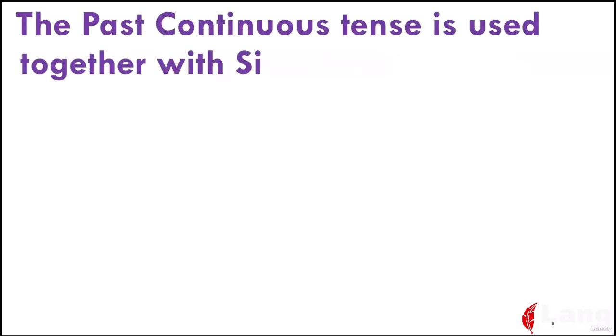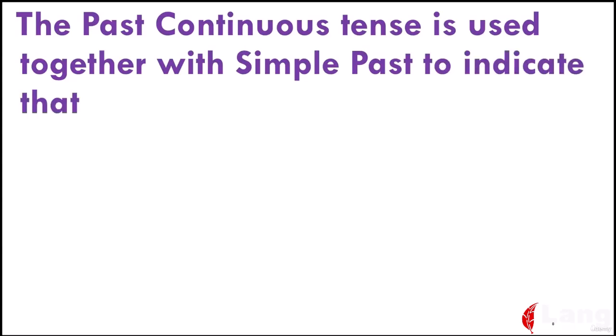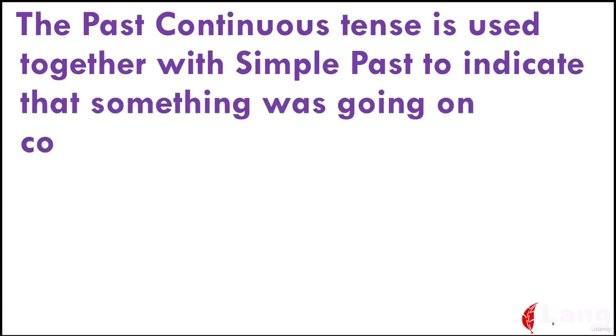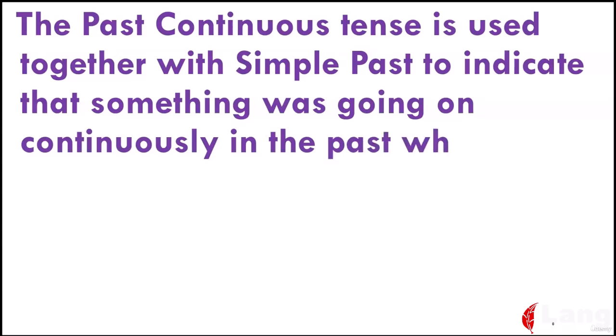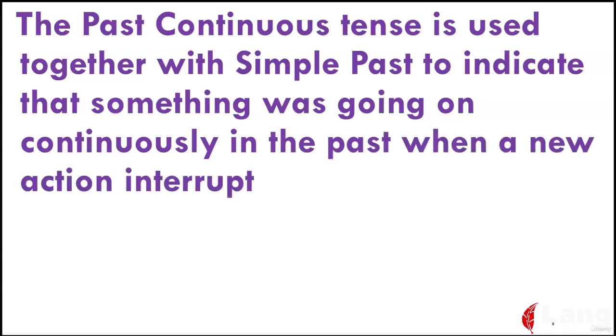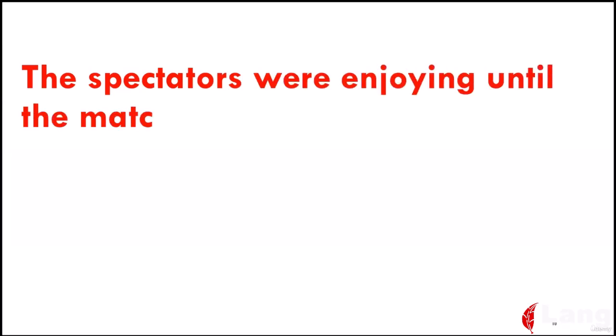The past continuous tense is used together with simple past to indicate that something was going on continuously in the past when a new action interrupted it. Examples: the spectators were enjoying until the match was cancelled.